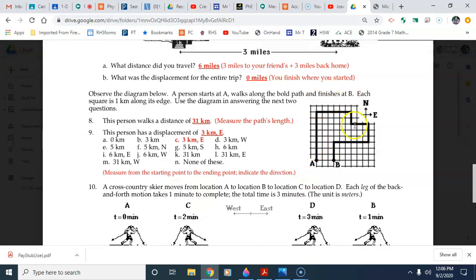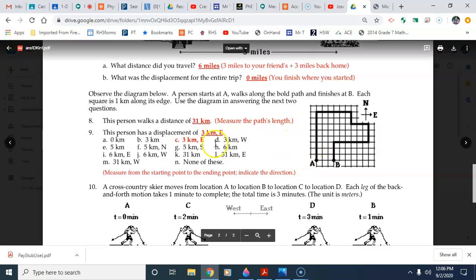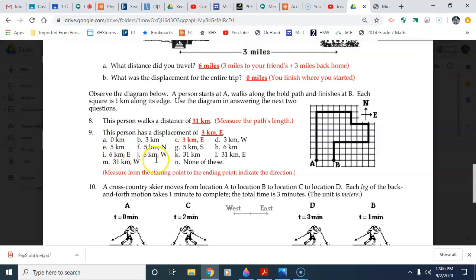Kind of a two-dimensional walk on this one, on this grid, where it does tell us that each square is 1 kilometer along its edge. The person walked a distance of total, we have to count it all up. If you count every edge of the box around, it's a total of 31 kilometers. Okay, if you did that right. And it gave us a bunch of choices here.